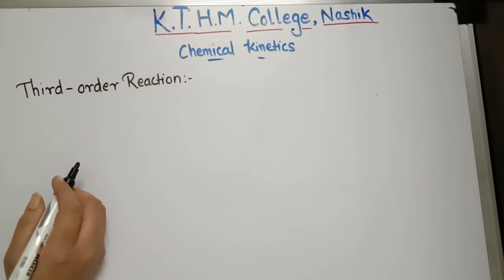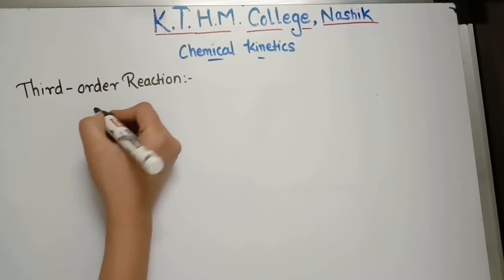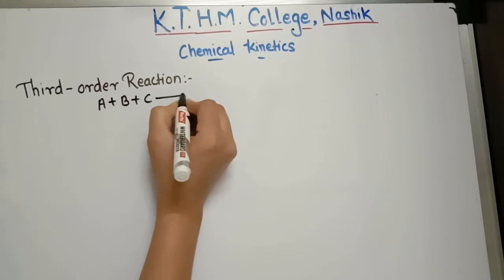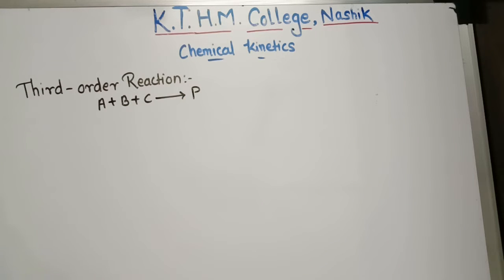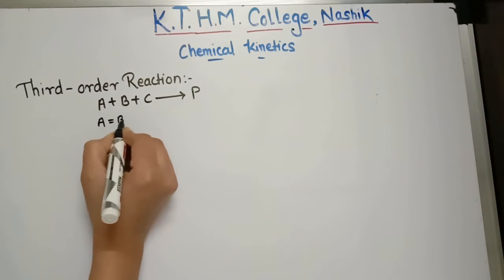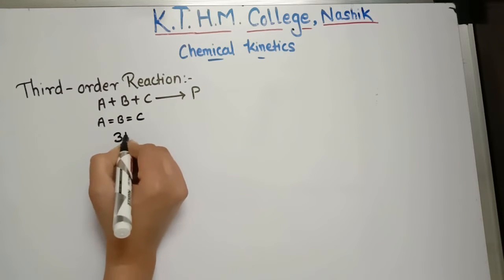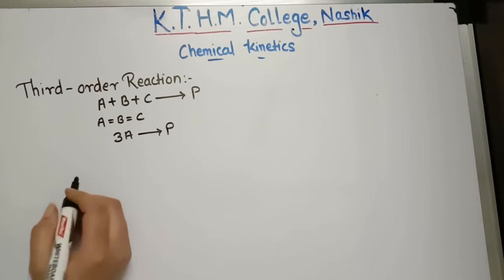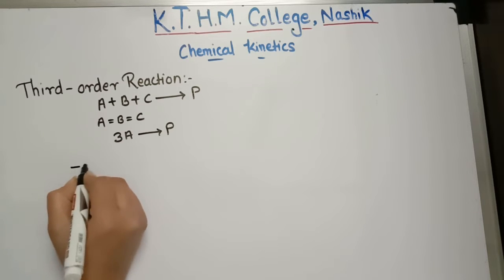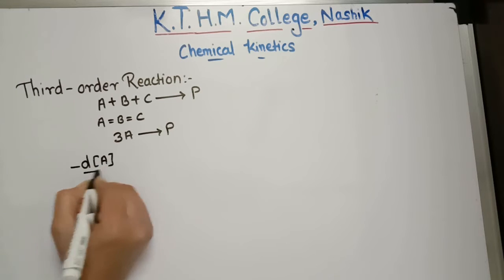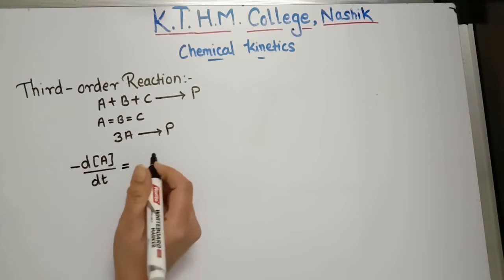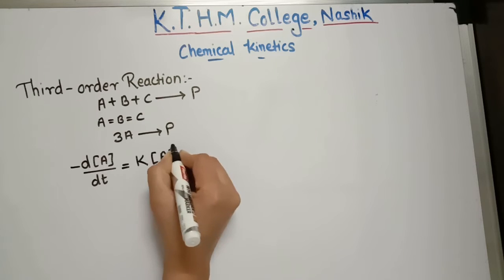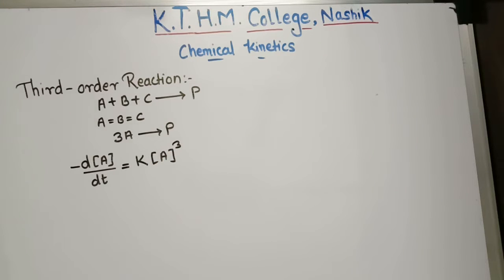In the third order reaction, that is A plus B plus C gives the product P, when A is equal to B is equal to C, we can write 3A gives the product P. From this we can derive minus dA upon dt will be equal to K into the concentration of A cube.